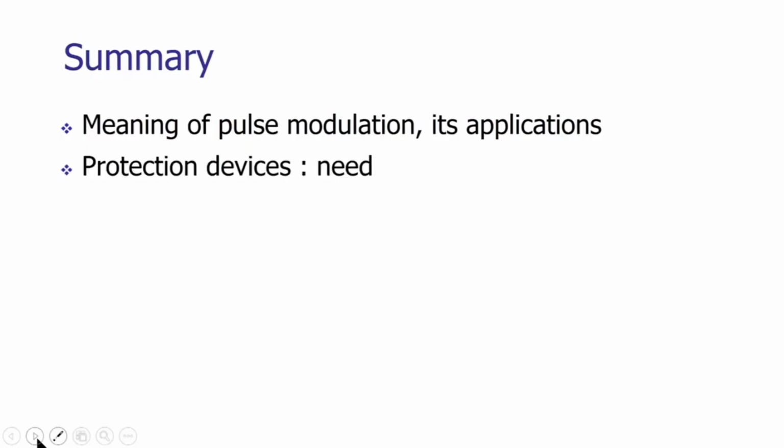Well, let us summarize lecture 2. In this lecture, we have seen the meaning of pulse modulation and its application in designing and development of automated systems. We have seen various protection devices, but before that we studied the need to go for protection devices.